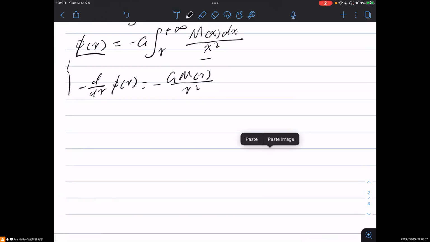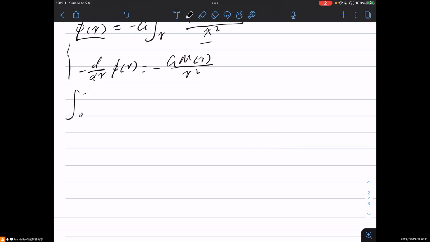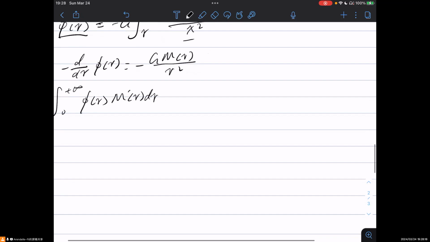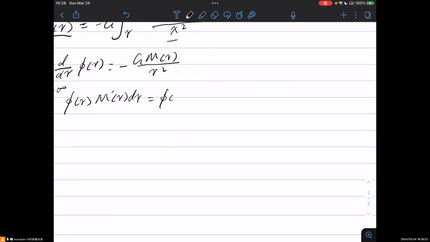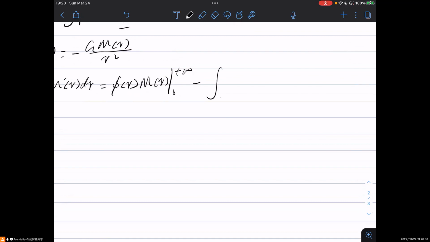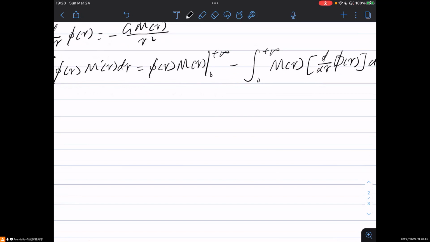Okay, and now we consider this expression, integral from 0 to infinity phi(r) m prime(r) dr. Integrate this by parts, it equals phi(r) m(r) from 0 to infinity minus the integral from 0 to infinity m(r) phi prime(r) dr. Notice the boundary conditions: when r tends to infinity, phi(r) tends to 0, and when r tends to 0, m(r) tends to 0.